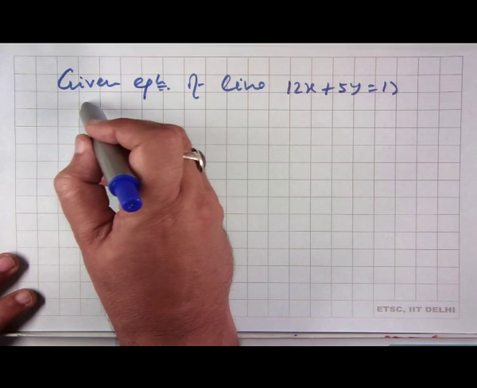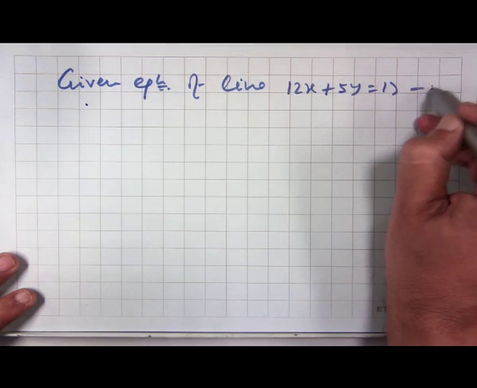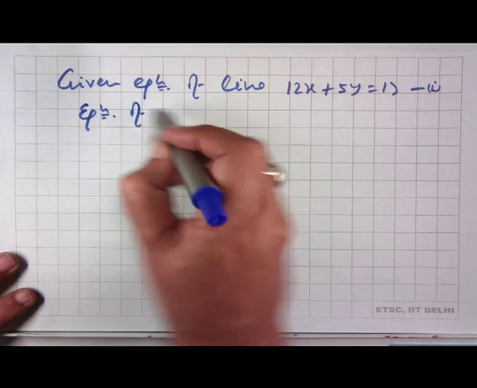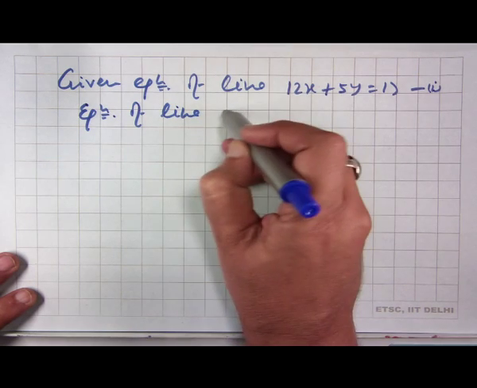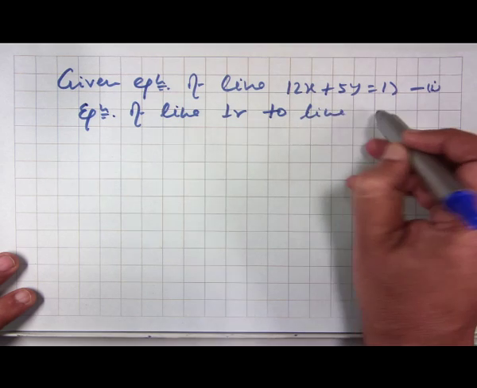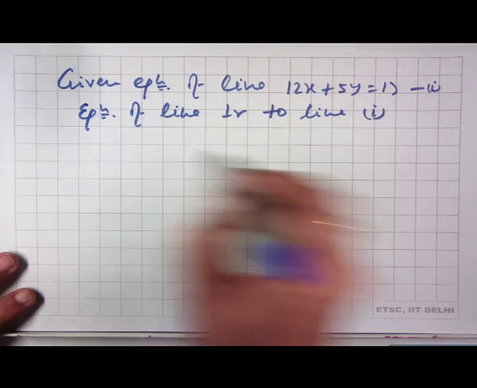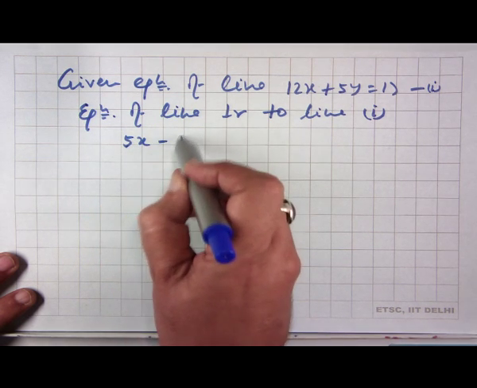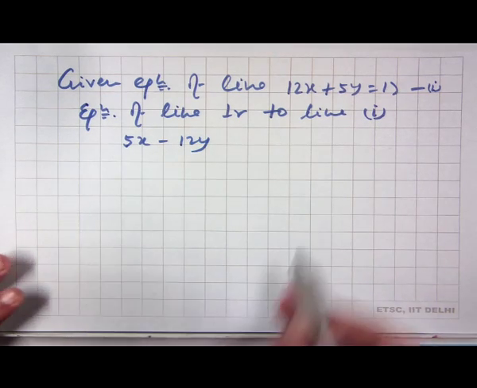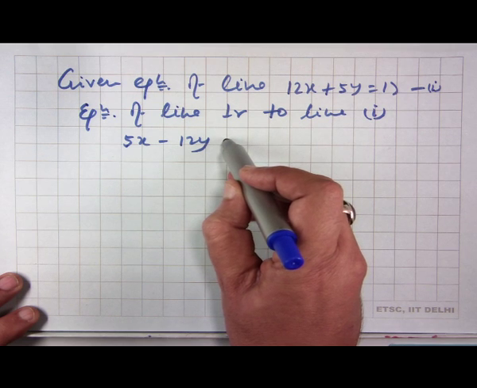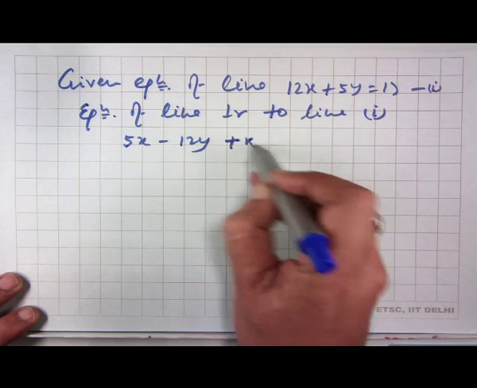So the equation of a line perpendicular to line 1 is 5x − 12y + k = 0.